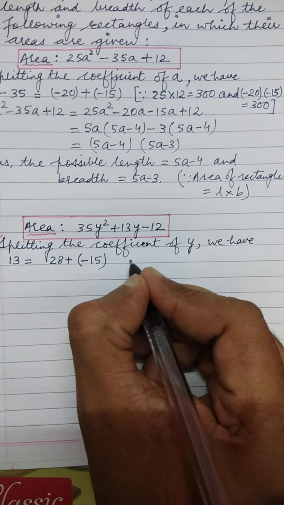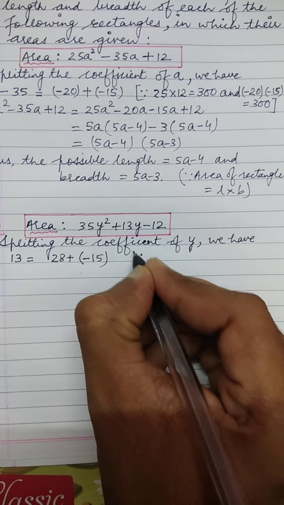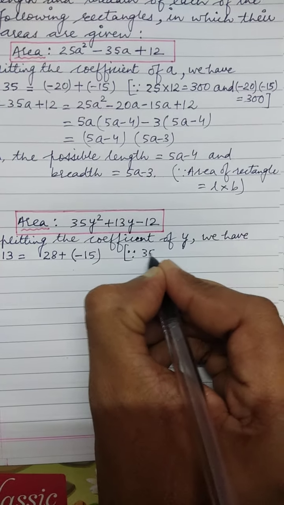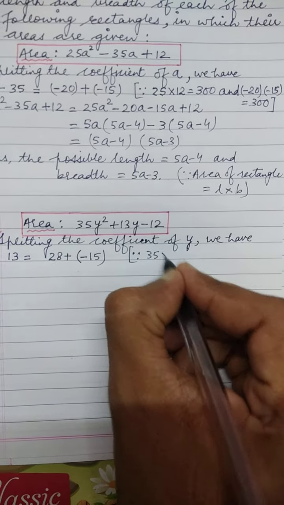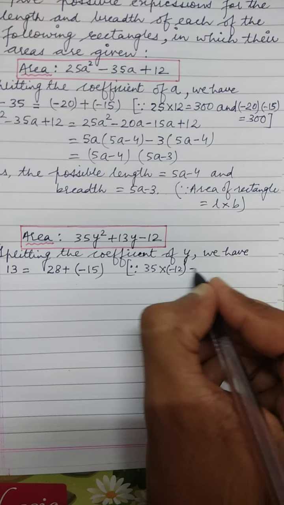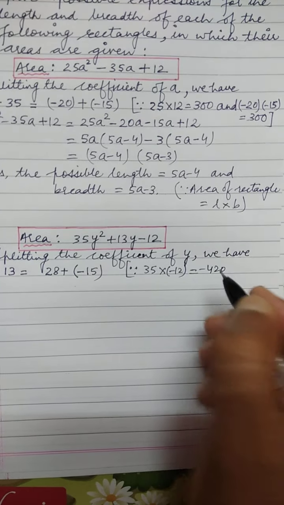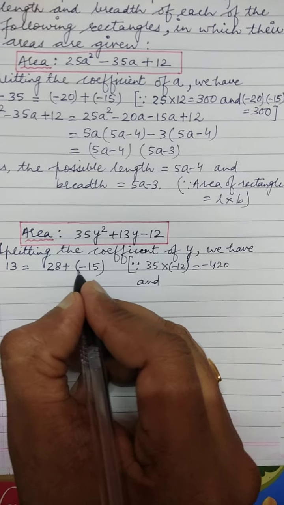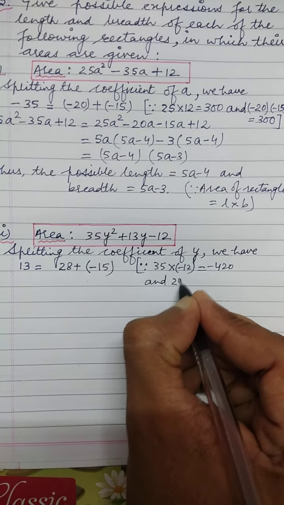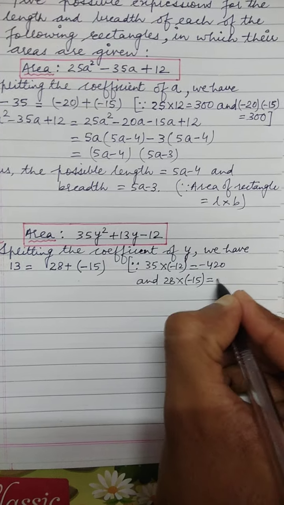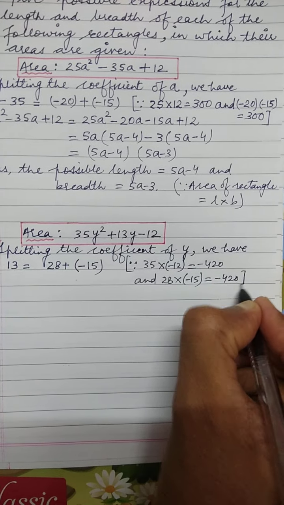Why have we taken these? Because the product of the coefficient of y square, that is 35, and the constant term minus 12 is minus 420, and the product of these two parts, that is 28 and minus 15, is also found to be minus 420.